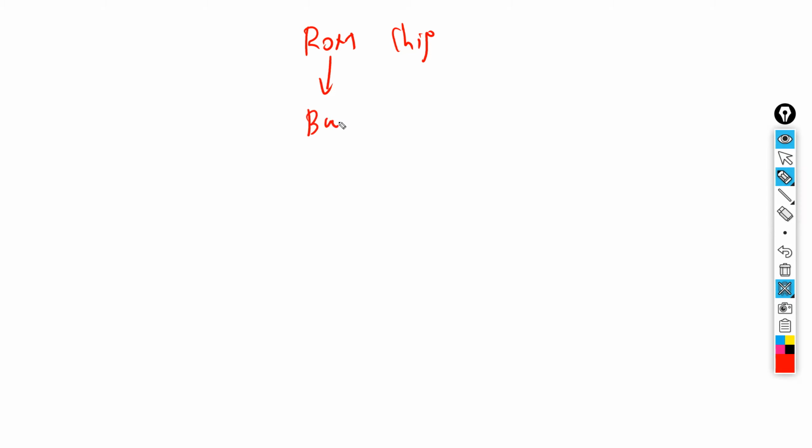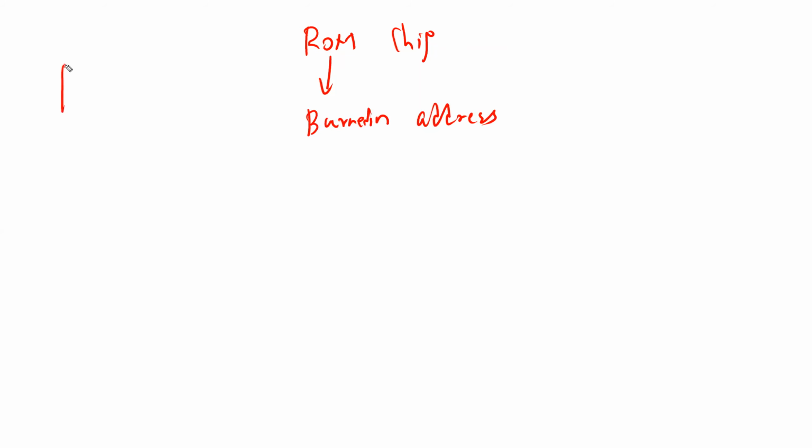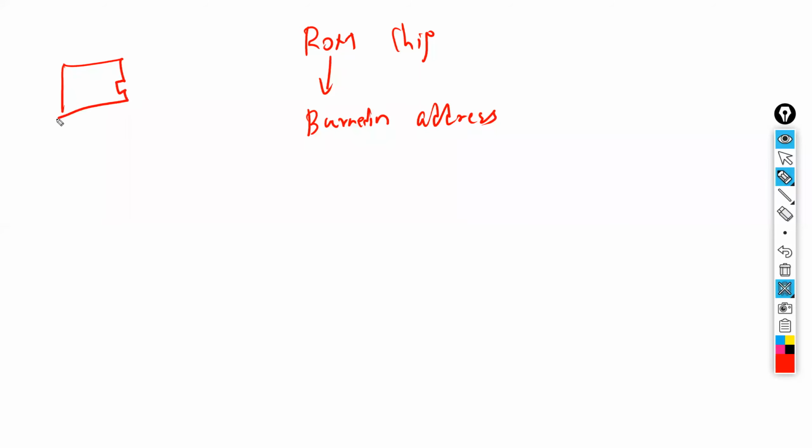What do we mean by burned-in address? It means a permanent address. When the NIC card is manufactured, they physically burn in some address. That is called the MAC address.